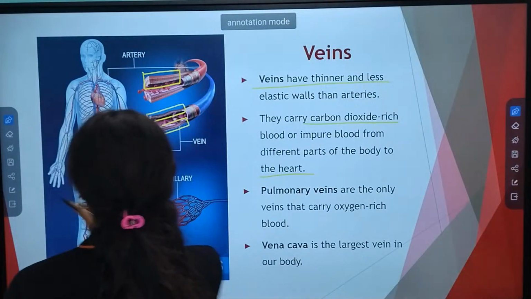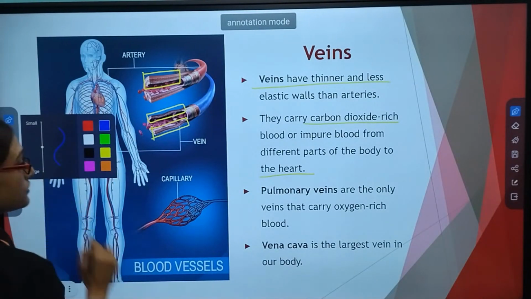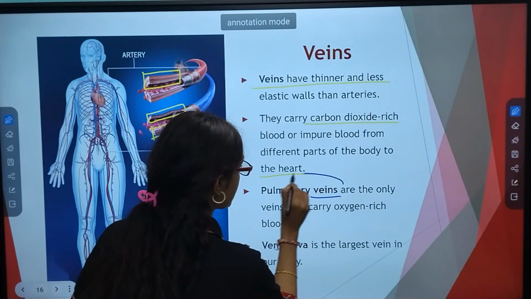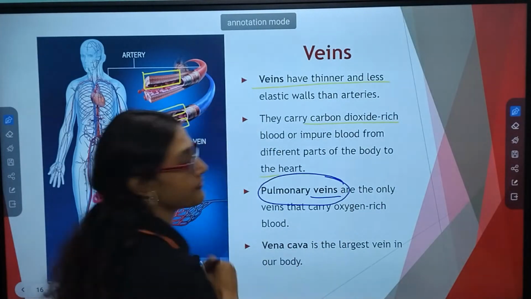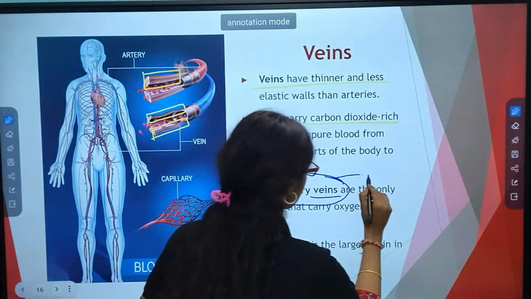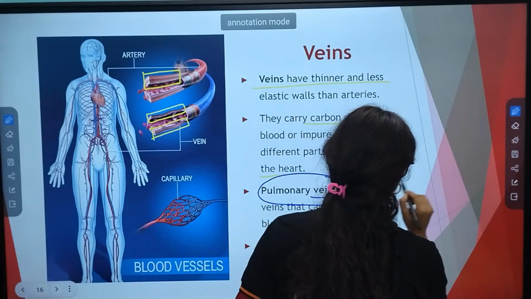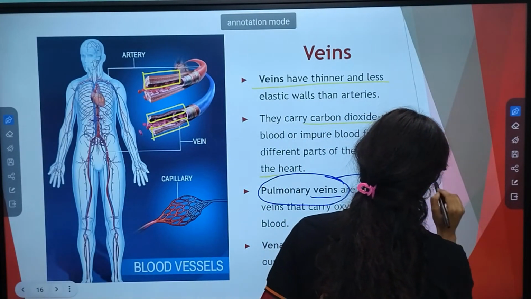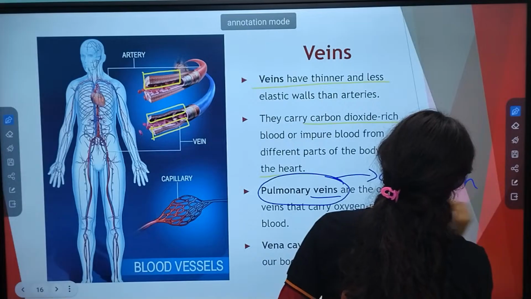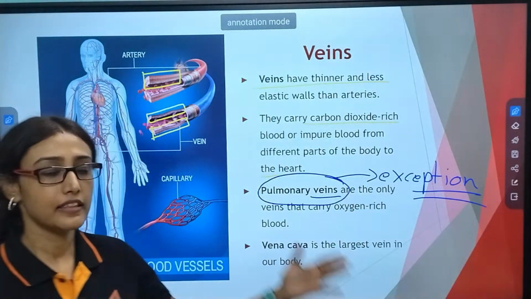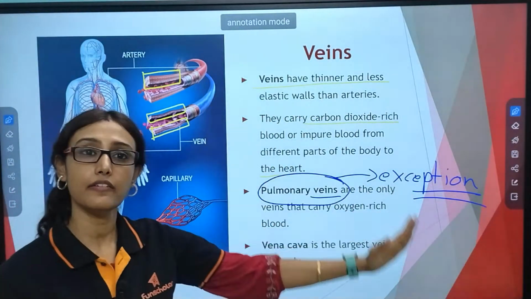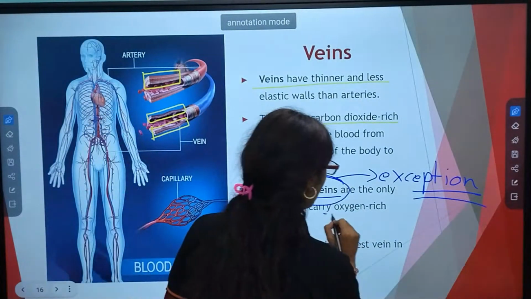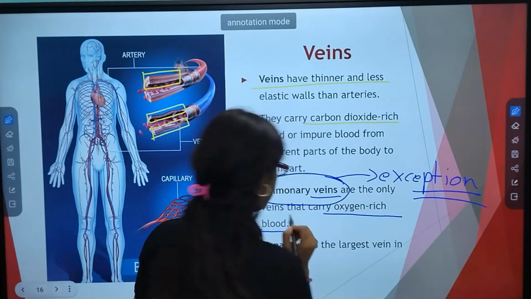If I add pulmonary in front of veins, it will become pulmonary veins, which is again the exception case. And in case of exception, how will it work? If veins carry deoxygenated blood, then obviously pulmonary veins will carry what? Oxygenated blood.